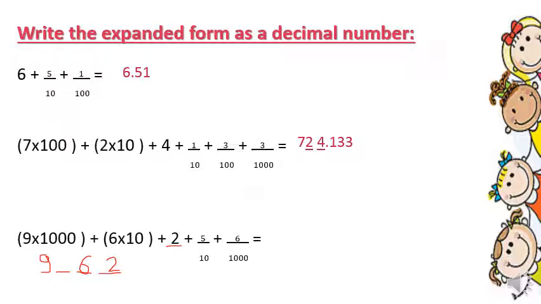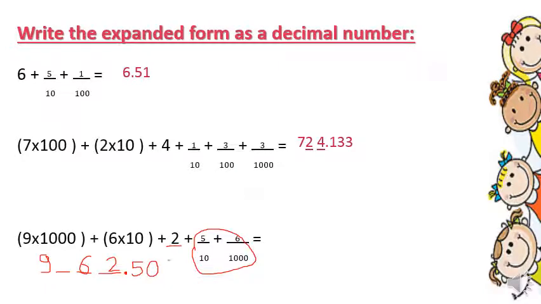Okay, whenever I see fractions, it means I'm in the decimal part, so we put point. This is 5/10, the first digit after the point. Do I have hundredth? No, so I put 0. This is 6/1000.